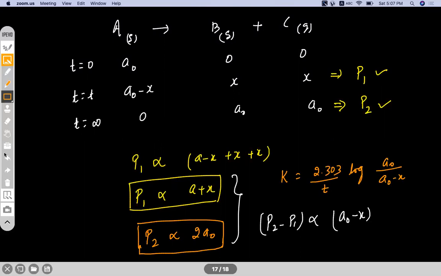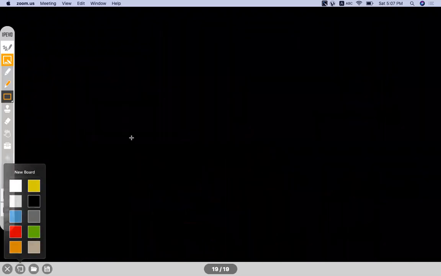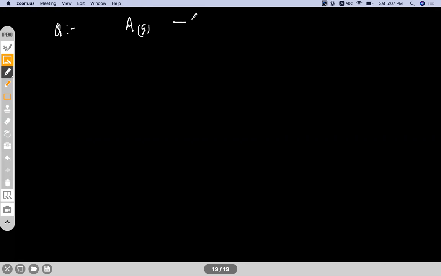It completely depends upon what reaction is given first of all, plus what condition is given. Like if I give you one more reaction here just for your practice, suppose the reaction is this. We have A gas gives 2B gas, C gas here. And the pressure is given at any time t.